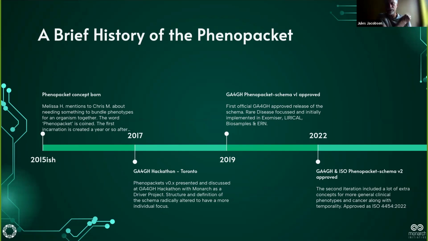Then in 2017, we joined up with the GA4GH and presented it at a hackathon in Toronto. Monarch being one of the driver projects for the GA4GH, this is where the Phenopacket as you know it at the moment really took form. And surprisingly, it took quite a long time to define exactly what it was supposed to look like, even though we'd already made a Phenopacket beforehand.